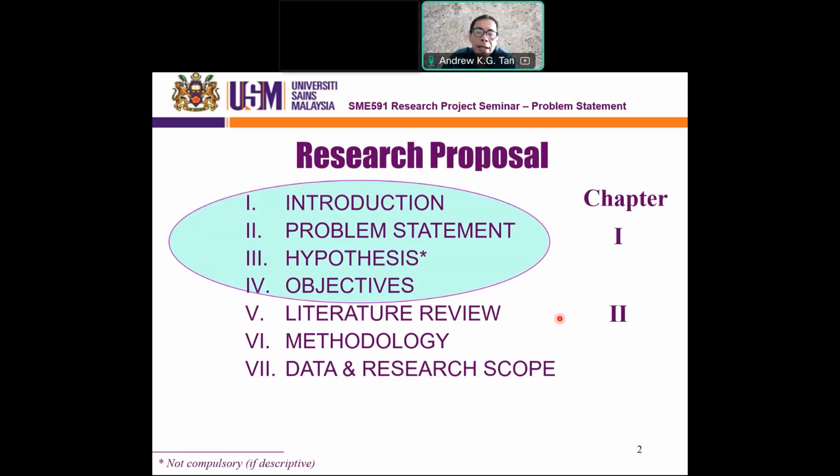Chapter 2 is the literature review, while chapter 3 is methodology and data and research scope.